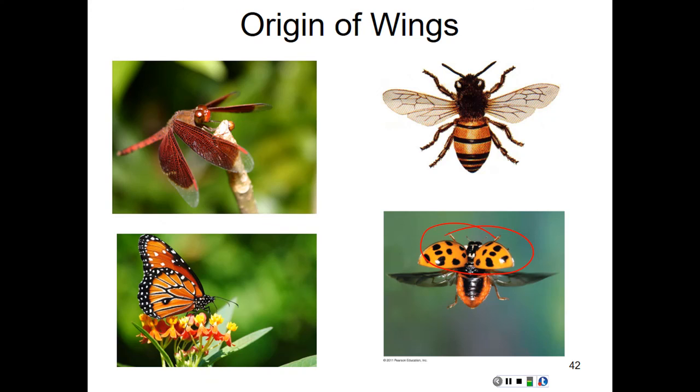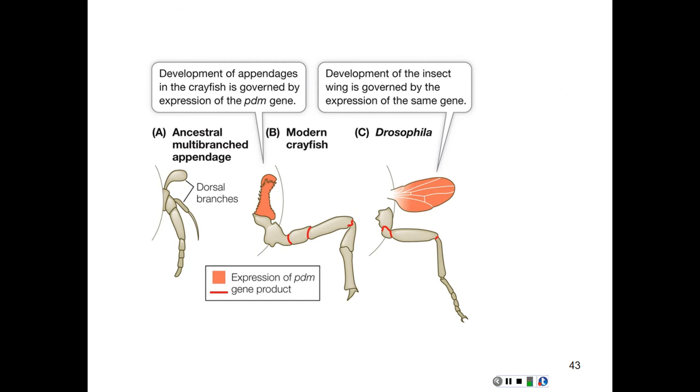Interestingly, it's thought that the origin of the wing likely occurred in the common ancestor of insects and crustaceans. So in crustaceans, a respiratory appendage on the upper side of limbs develops via the control of a gene known as PDM.